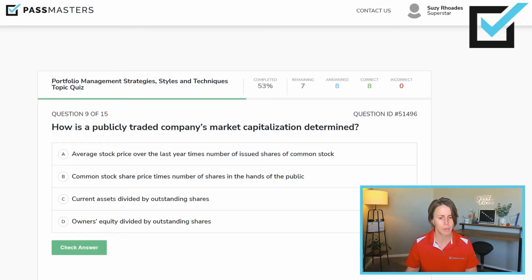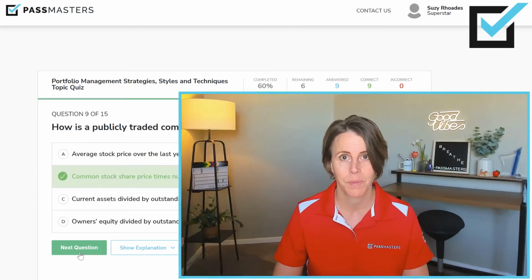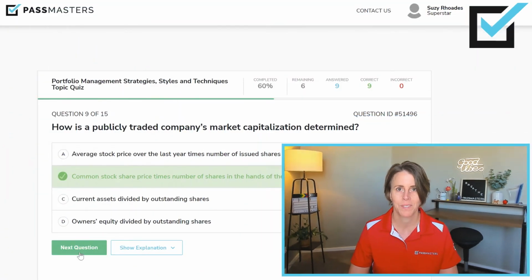Current assets divided by outstanding shares, owner's equity divided by, no. So it is market capitalization, common stock share price times the number of shares in the hands of the public. That's sometimes referred to as the public float. So when we say large cap, mid cap, small cap, we're talking about the market capitalization of the company.